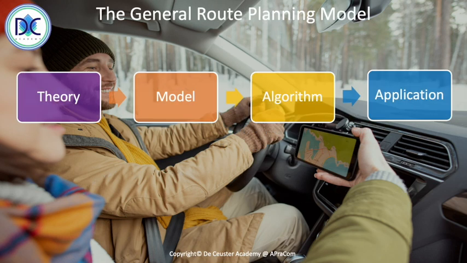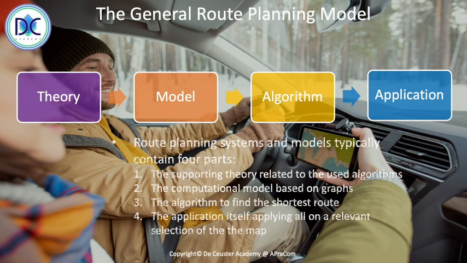So let's start with the general route planning model. Here we see the model: we have the theory, the model, the algorithm, and the application. All these elements are in fact important. The supporting theory related to the algorithms is a main part of this route planning model. There is a computational model that is based on graphs.